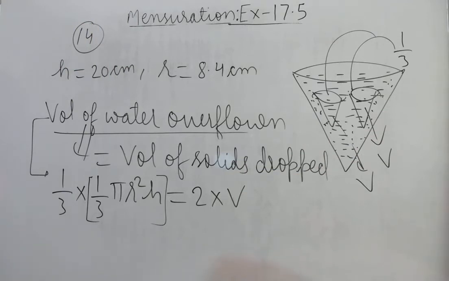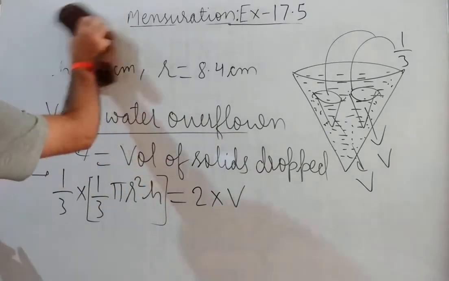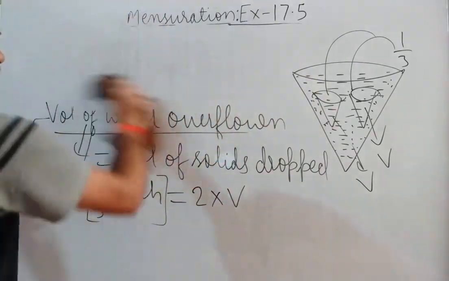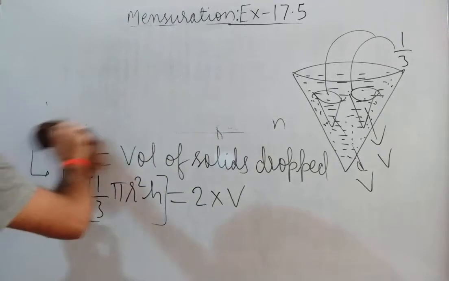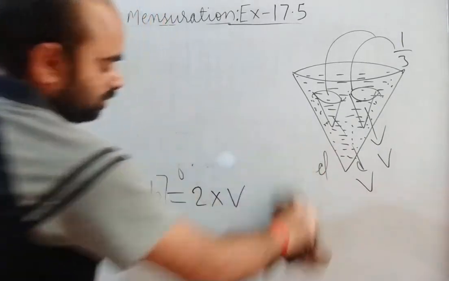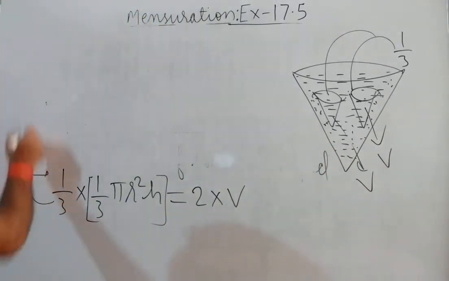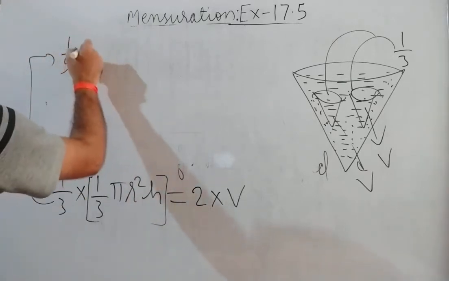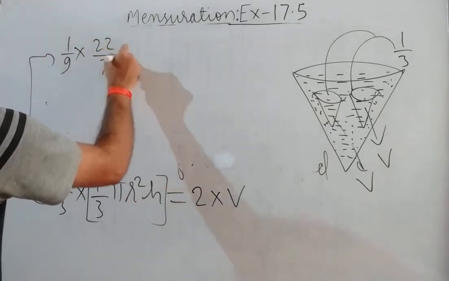So we are going to substitute the values for finding V. Clear? So this will become 1 upon 9 pi r square.